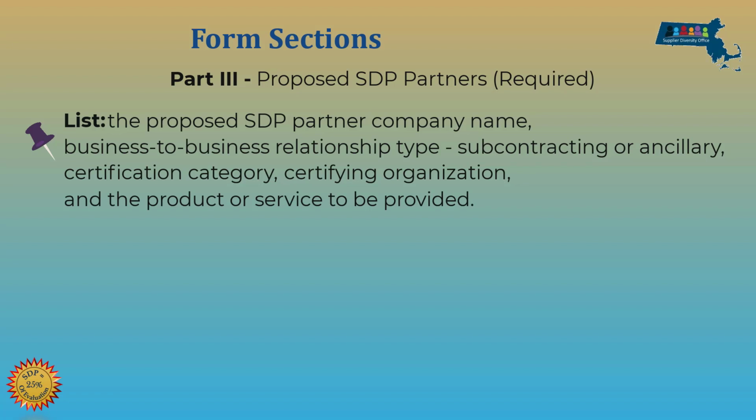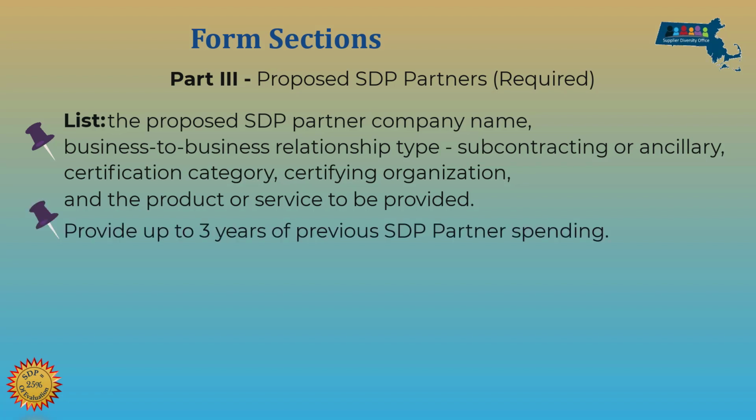The form also allows you to provide previous spending with SDP partners. Past spending with diverse companies may be a consideration of a prime contractor's ability to meet its SDP commitment, and bidders may receive additional evaluation points for such prior spending.